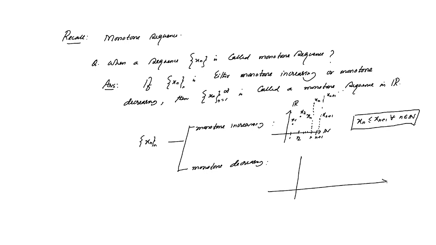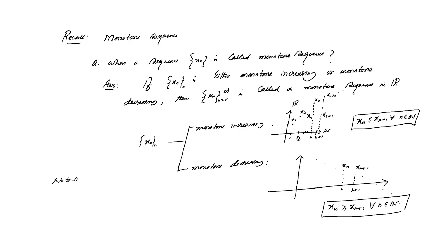Whereas if we see this kind of sequence, where this is n and this is n plus 1, the heights are xn and xn plus 1. Here we have seen xn greater than or equal to xn plus 1 for all n belongs to natural numbers. This is the definition of a monotone decreasing sequence.